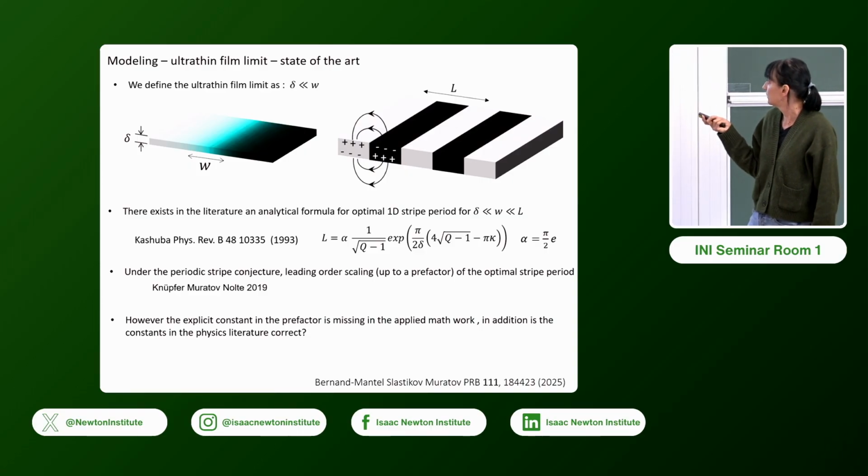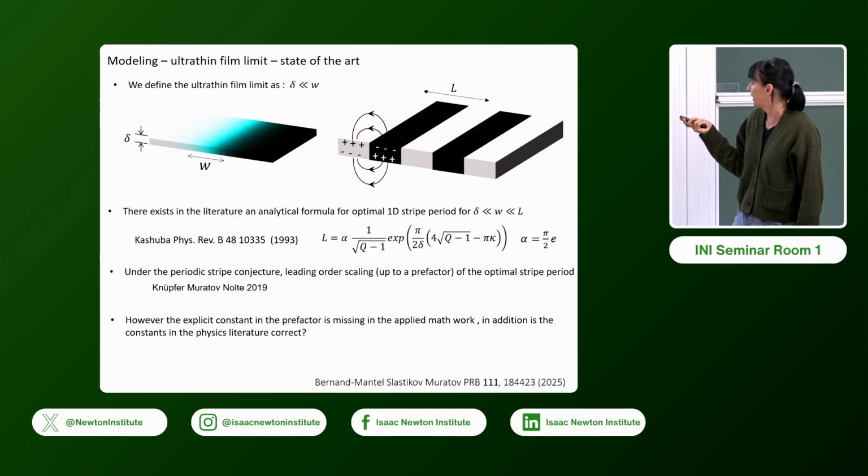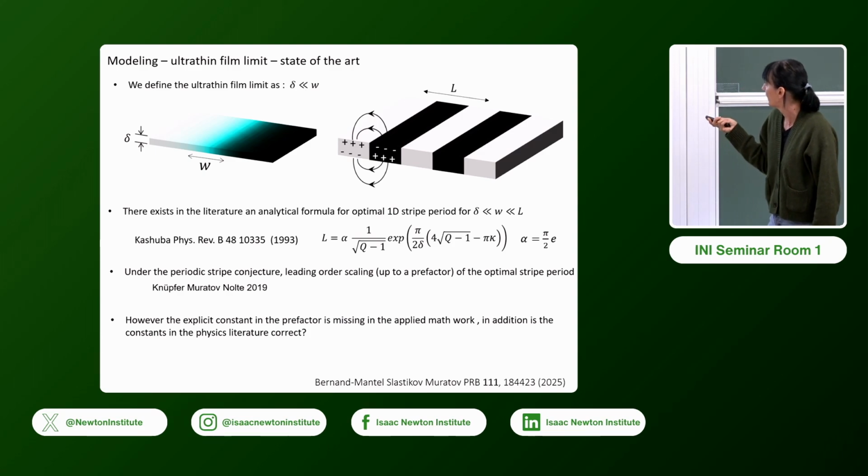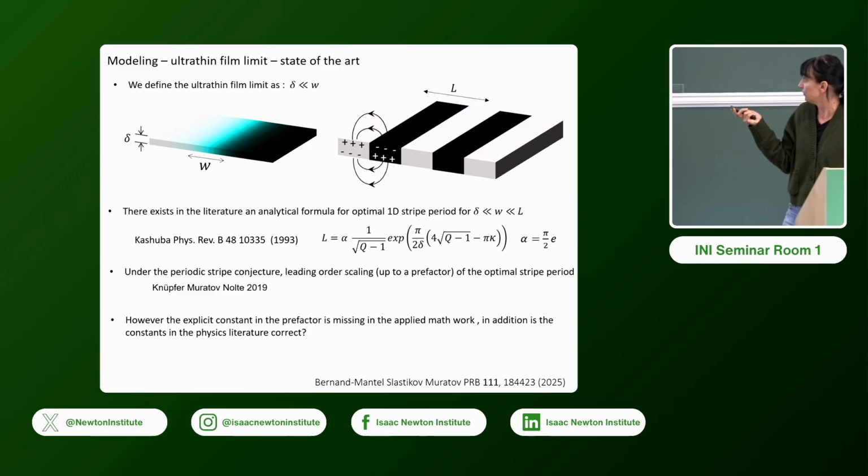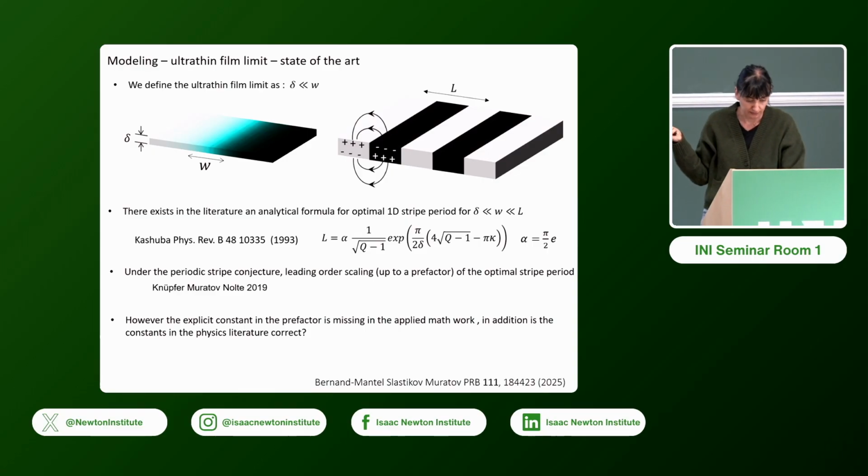And this was done by Kashuba et al., who came up with an analytical formula. And mathematically, there is also some work showing that there is such a scaling in the stripe width, which is proportional to the stripe width. Okay, however, so far the explicit prefactor was missing.